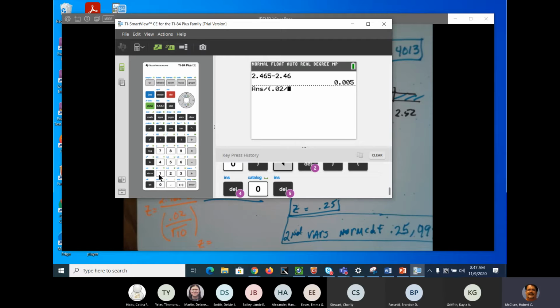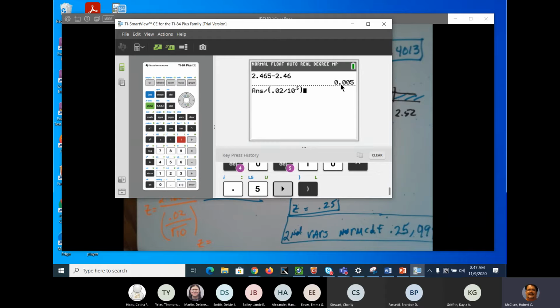So I'm not using it: 10 raised to the 0.5 power and close parentheses. Okay, so I'm going to take my answer, which is 0.005, and divide by 0.02 over 10 raised to the 1/2 power, or square root of 10. And now my new z-score is 0.79.